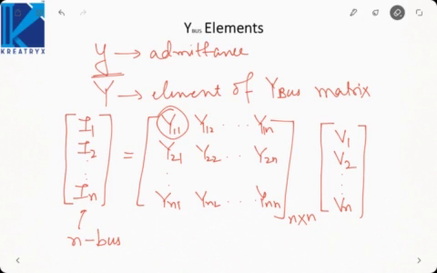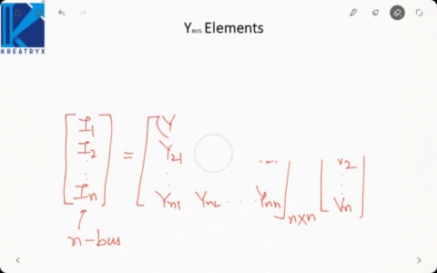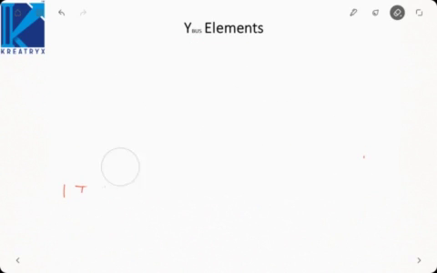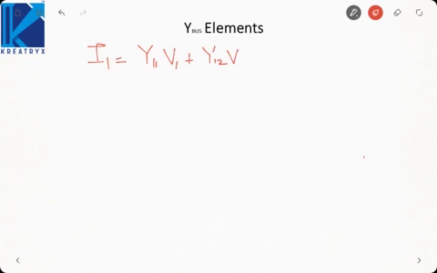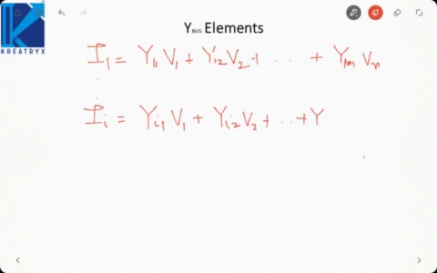Now if we write these equations, if we expand this, then it will become I1 is equal to Y11 V1, Y12 V2, up to Y1n Vn. Or we can say any current Ii will be Yi1 V1, Yi2 V2, up to Yii Vi, Yij Vj plus Yin Vn.